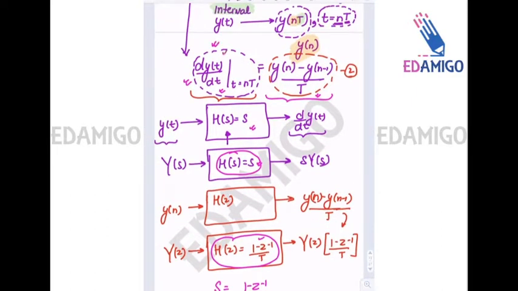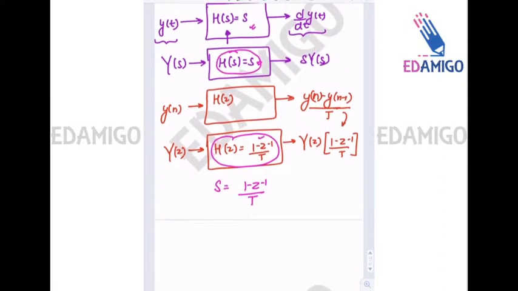This is the equation in the continuous time domain, and this is the relationship between the continuous time equation and the discrete time equation. Then we convert the continuous time domain into Laplace and the discrete time domain into Z transform, and we compare the two: the system doing the operation of differentiation in continuous time should be equal to the system doing this operation in discrete time. From there we are getting this.